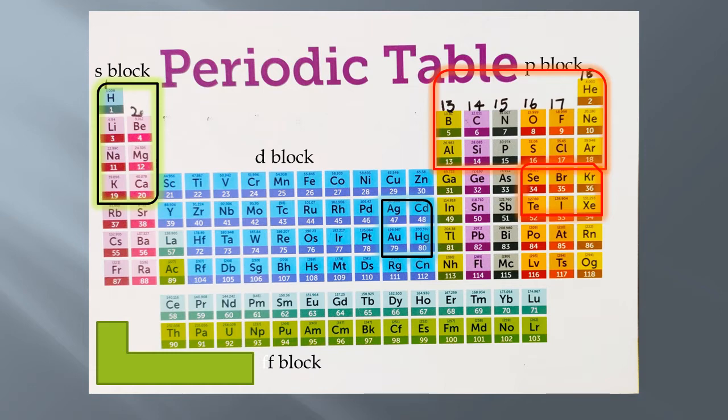Same way, the elements belonging to 14th group, they have 4 valence electrons, that is 4 electrons in the outermost orbit. That way, the group number minus 10, I am telling you. Group number is the same as the number of valence electrons, that is the electrons present in the outermost orbit.